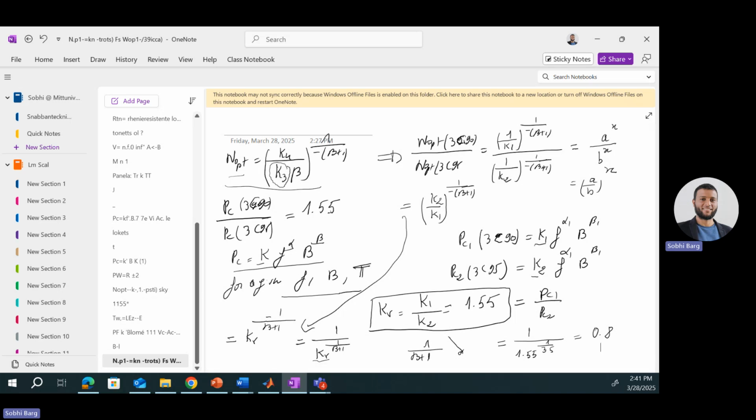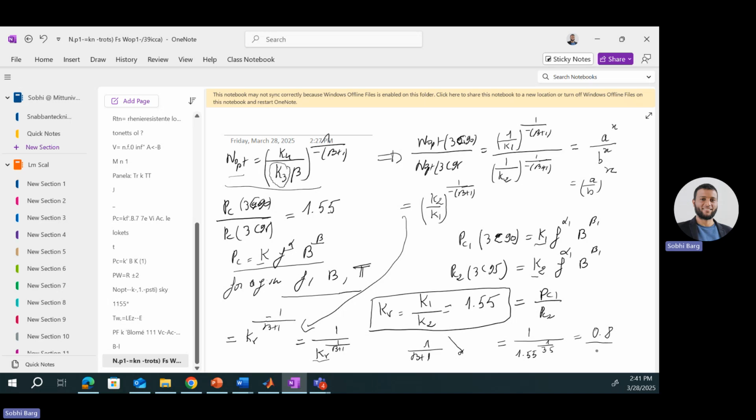We can also try it for beta equal to 2, because in principle we should get a ratio that is bigger than 1.